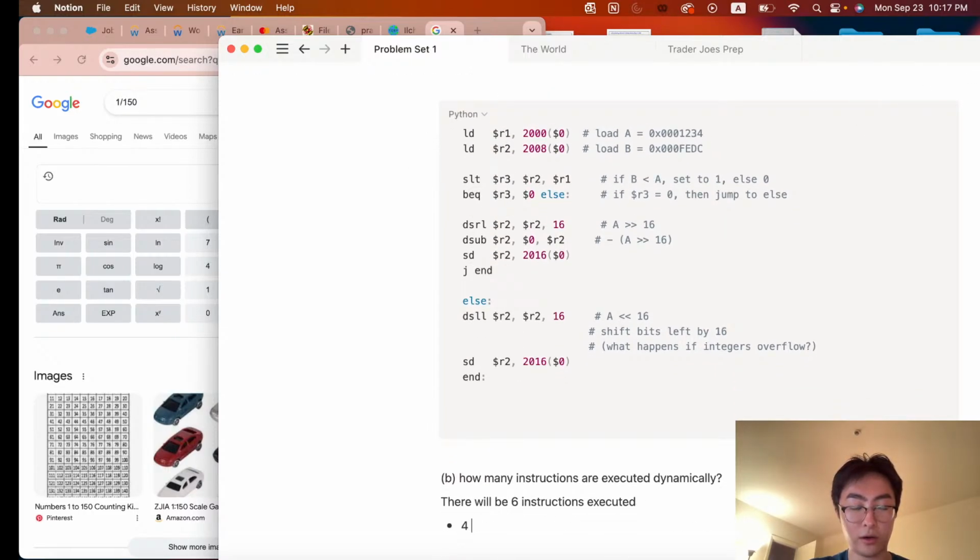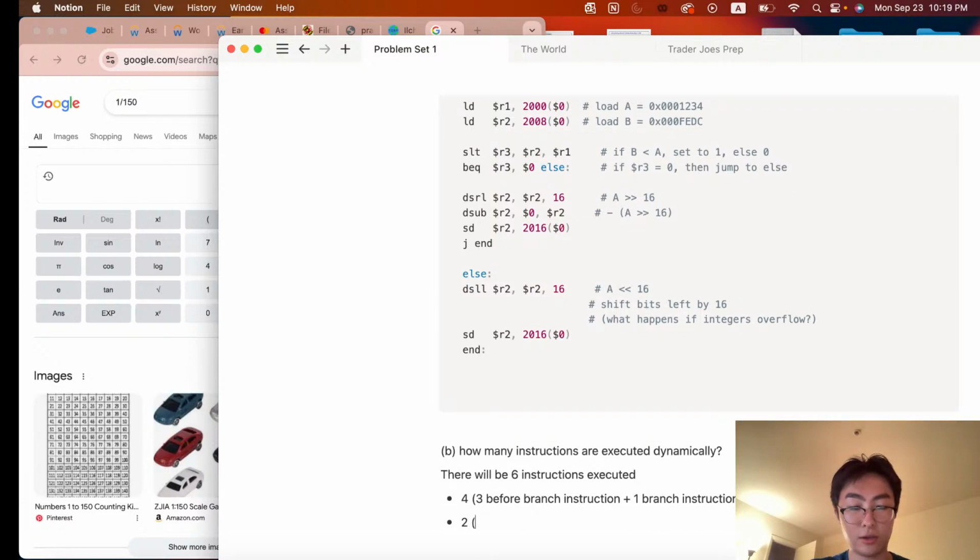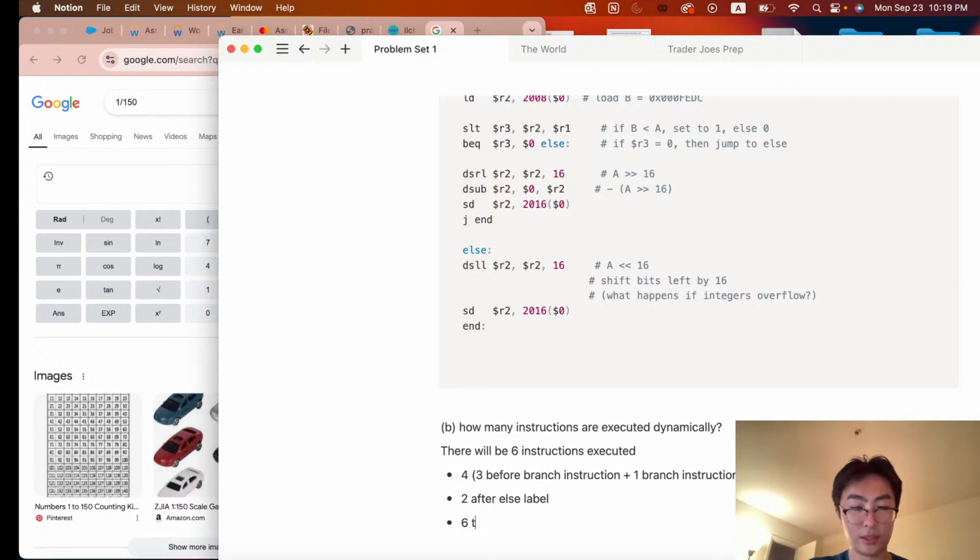So 4 before branch instruction plus 1 branch instruction, right? And then 2 after else label. So 6 total.